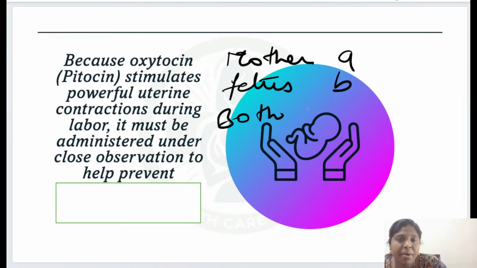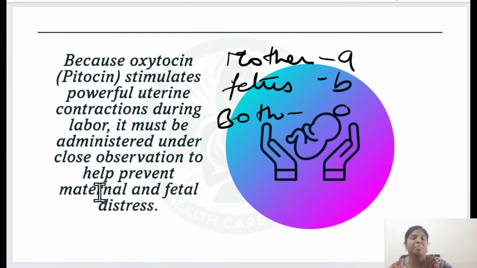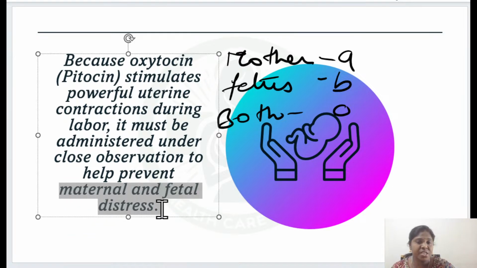So, option A, B and option C. Which one? Because oxytocin is given for powerful uterine contractions, we should monitor the condition of whom? The mother or the fetus or both. Yes, Sindhuja, yes, Divya, yes. We have to monitor the condition of both the mother as well as fetal distress. We have to monitor both of their conditions.